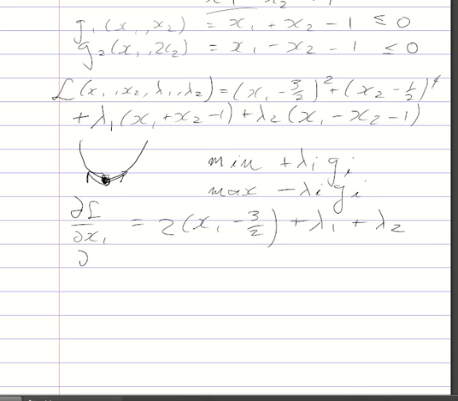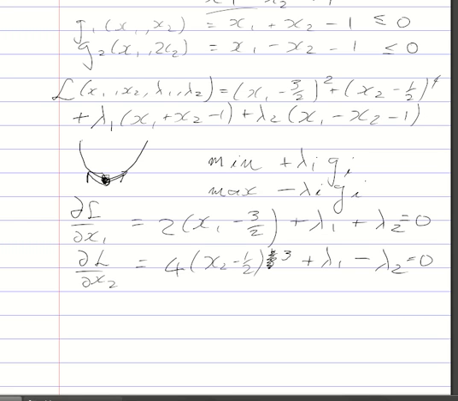The derivative to x2 is slightly more complex because we have a higher power here. We have 4(x2 minus 1/2) to the third, plus lambda 1 and minus lambda 2, from the x2 terms. And then we are going to set these things equal to 0.